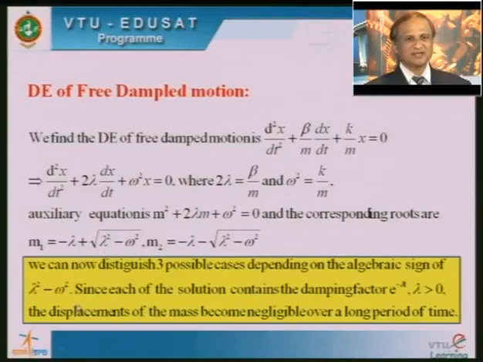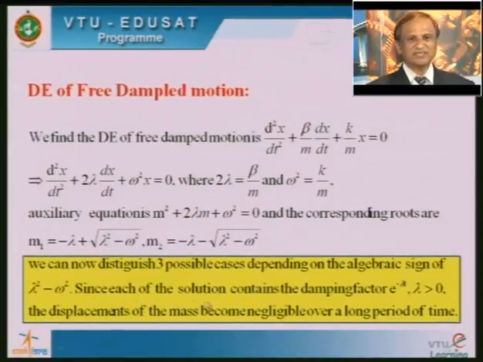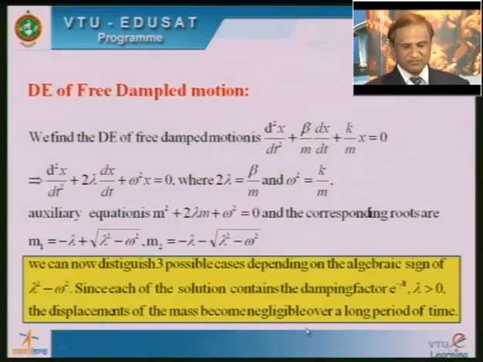Is it clear? Since each of the solutions contains the damping factor, e to the power minus lambda t is the damping factor. Where lambda is greater than 0, the displacement of the mass becomes negligible over a long period of time.